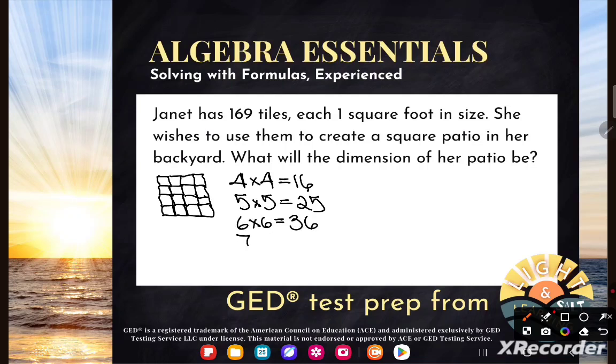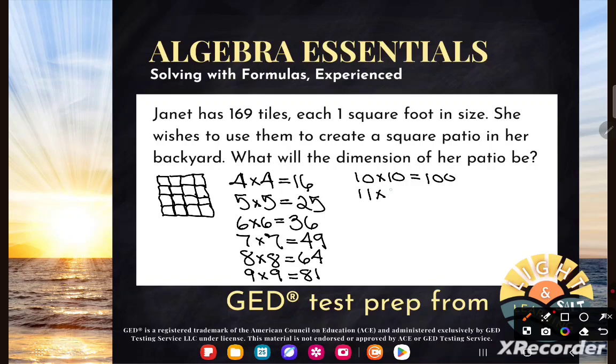So this is kind of a visual representation of how we could guess and check this. 8 tiles by 8 tiles, we would use a total of 64 tiles. And 9 by 9 would use 81. Hey, we're getting closer. A 10 by 10 would use 100. 11 by 11 would use 121 tiles.